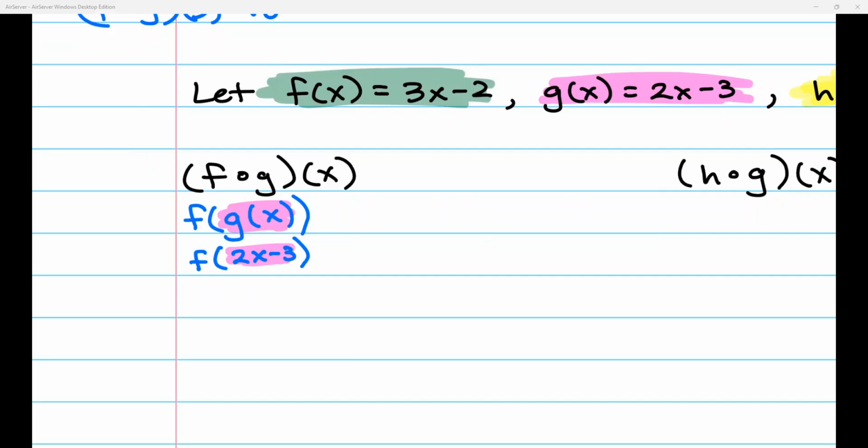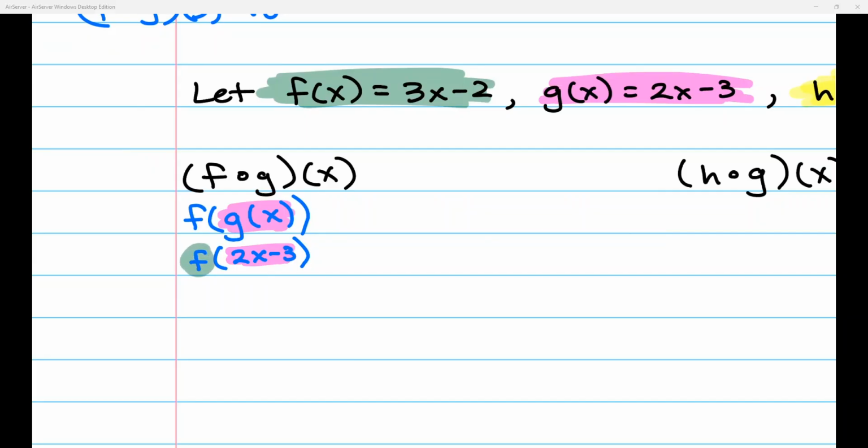Now, what am I going to do? I am going to take that 2x minus 3, and it says I need to plug it into my green function. I'm going to do this a little bit differently.